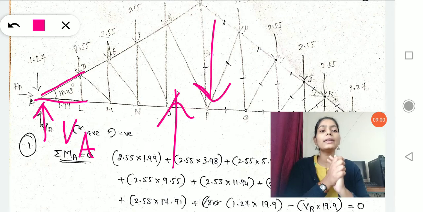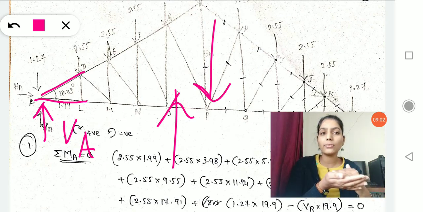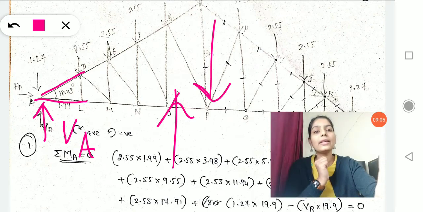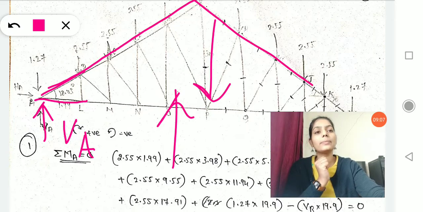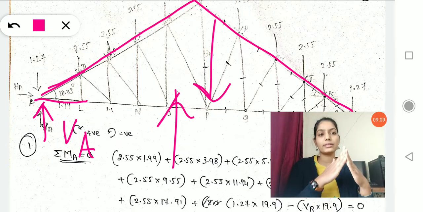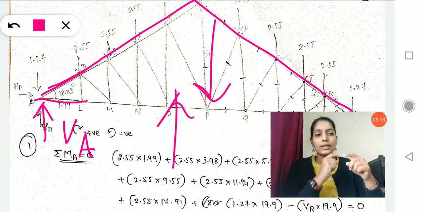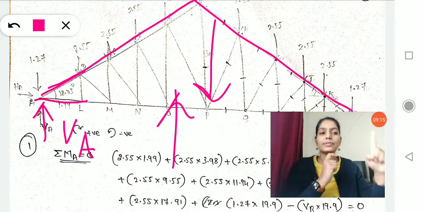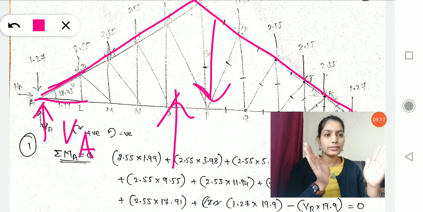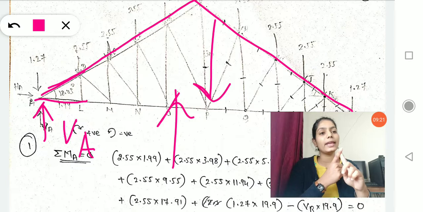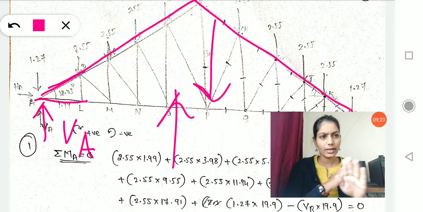Then what are the different downward forces acting on my truss? There are many forces on the roof of our truss acting externally in the downward direction. Those forces will be taken by these 2 supports, and that's how we calculated support reactions VA and VB. Clear?